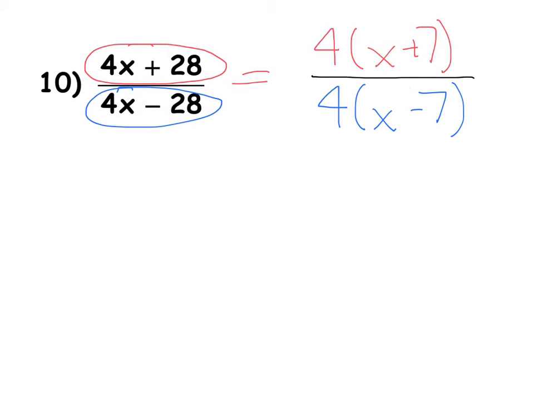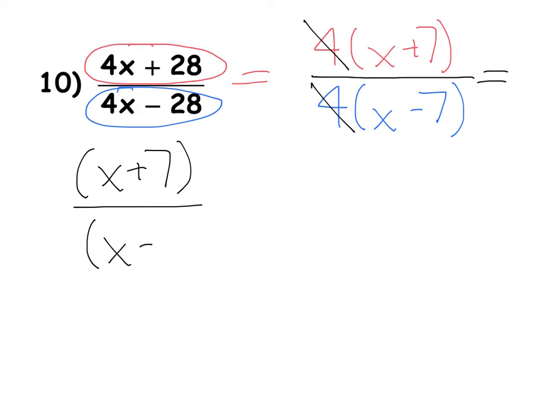X plus 7, x minus 7, are those going to cancel? You better be saying no right now. Okay, those are not the same expression, so they will not cancel. However, these 4's out front absolutely will cancel, and so that's going to give me x plus 7 over x minus 7.